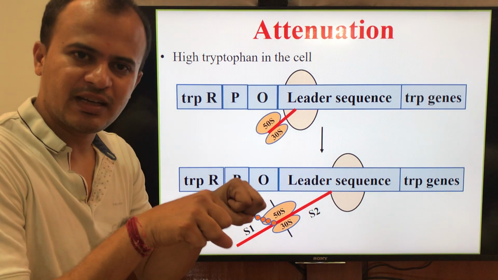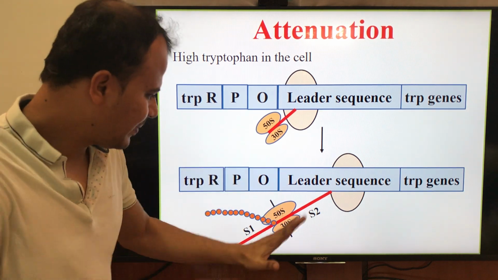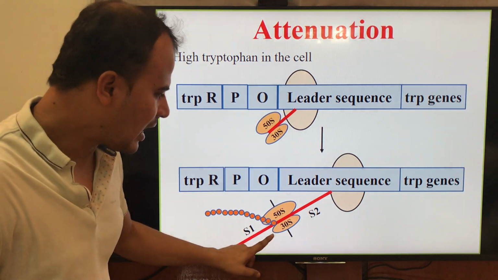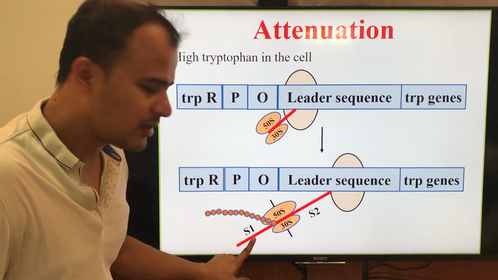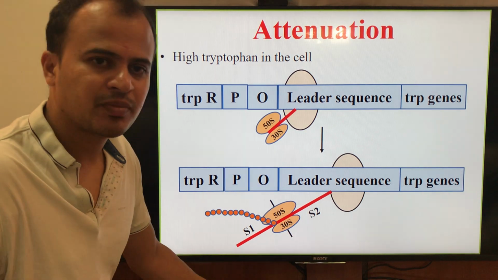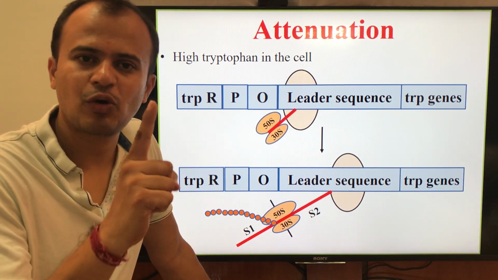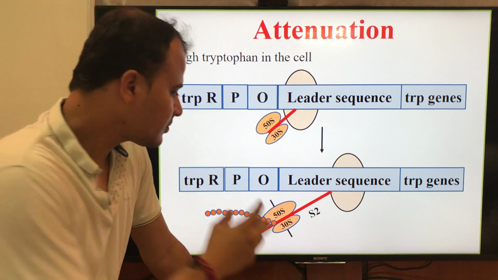Since there is a protein association with the RNA, basically ribosomes are stopping the stem loop structure formation between S1 and S2. As I said in the earlier slides, S1 and S2 are complementary to each other.